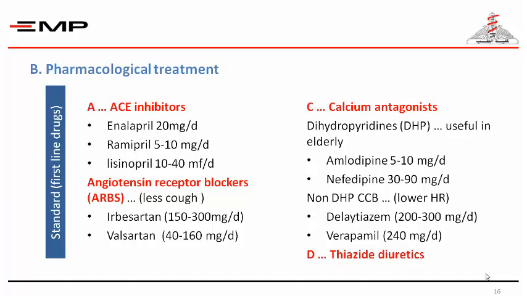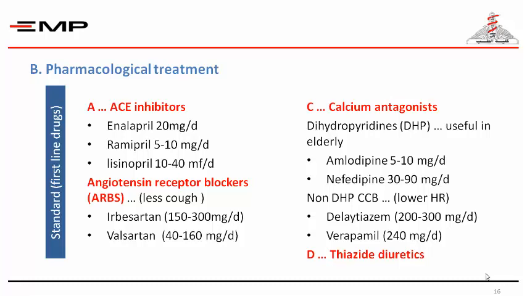These work on the angiotensin conversion in the renin-angiotensin system, and three main categories are well used in the market: enalapril 20 mg per day, ramipril 5 to 10 mg per day, lisinopril 10 to 40 milligram per day.